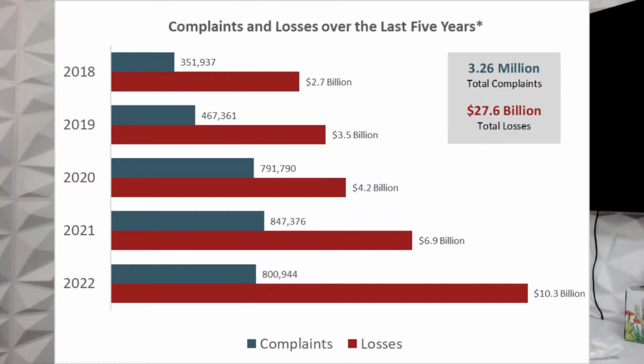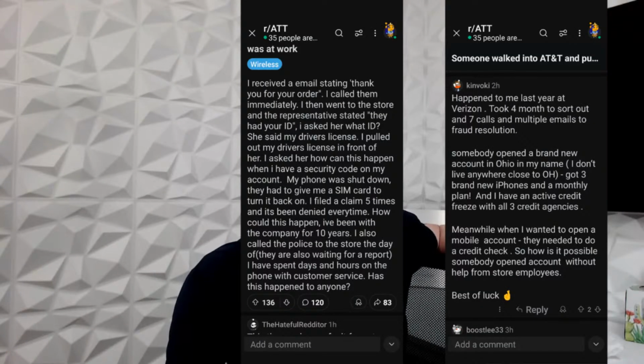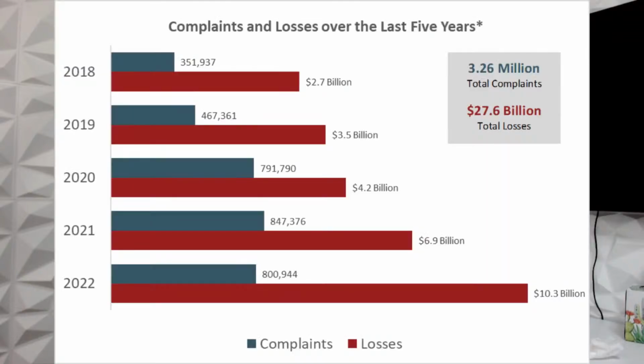So how do you know if you've been SIM swapped? Like that person said on this graphic, they got an email saying thank you for your order. Well, obviously you know something's not right. Or out of the blue, your data stops working and you can't make any calls. Now, assuming you're not behind on your payments, on your T-Mobile bill or your AT&T bill, because obviously if you haven't paid your bill, of course they're going to cut your line.